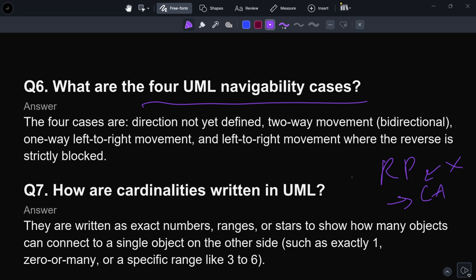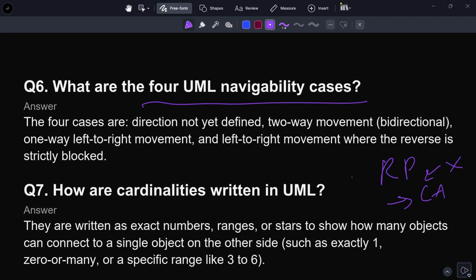The account system can send text to the printer module, but the receipt printer software is strictly blocked from reading or accessing customer account details. So it cannot read the details there. It can of course receive, but it cannot read the details of the customer. That's why we have a cross.